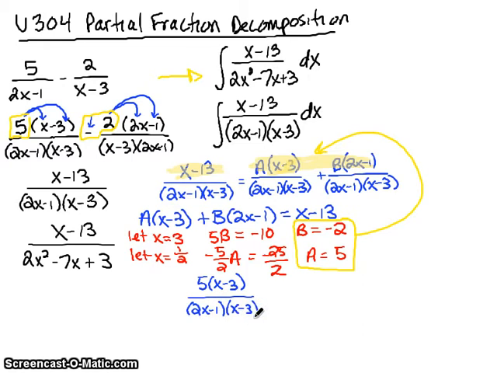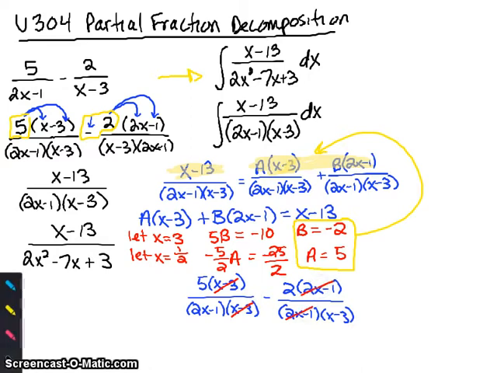Then we have negative 2, so I'm just going to say minus 2 times 2x minus 1 over 2x minus 1 times x minus 3. We can cancel out some terms, so the x minus 3 and the x minus 3 can cancel, the 2x minus 1 and the 2x minus 1 can cancel. So we're going to be left with 5 over 2x minus 1 minus 2 over x minus 3.